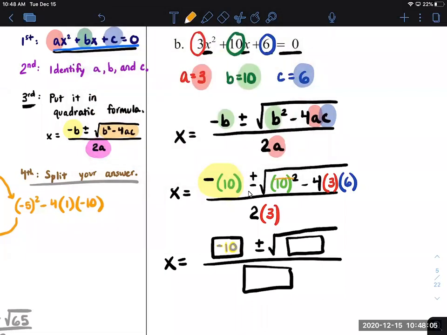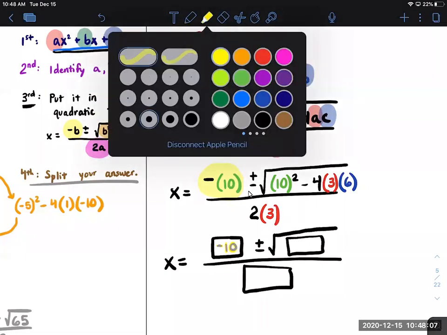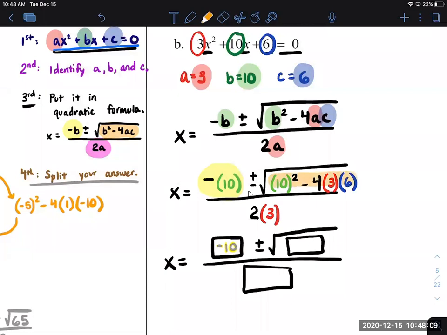Now we simplify what's underneath the square root. You do not put the square root in the calculator, just what is underneath of it. So in the calculator, I would put in, parentheses 10 squared minus 4 parentheses 3 parentheses 6. So put that in the calculator. You get 28.